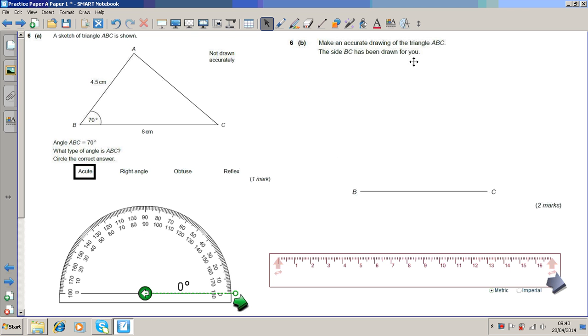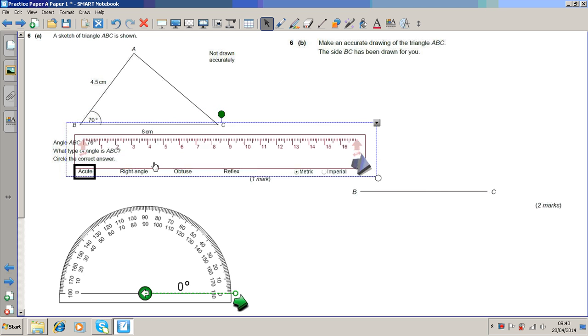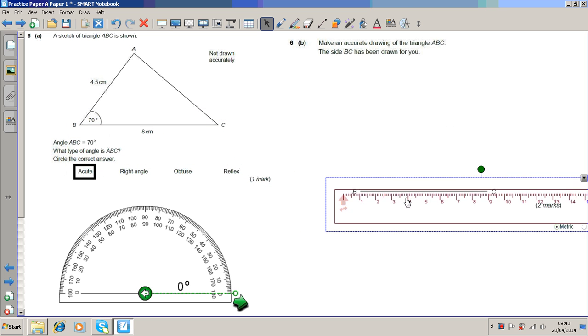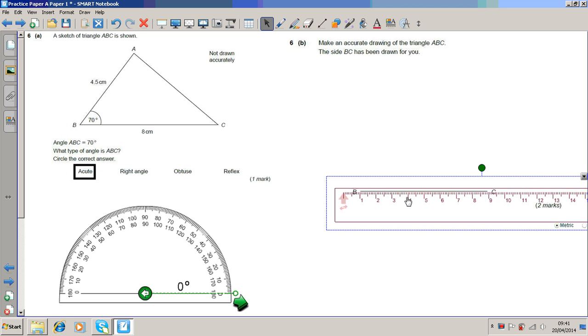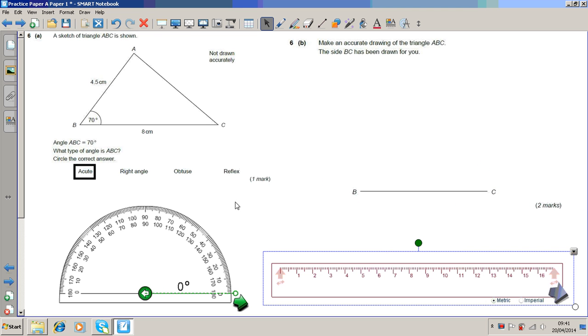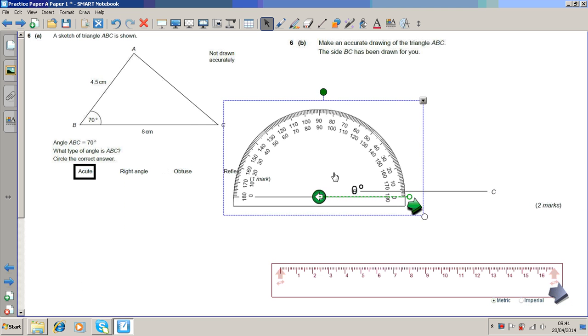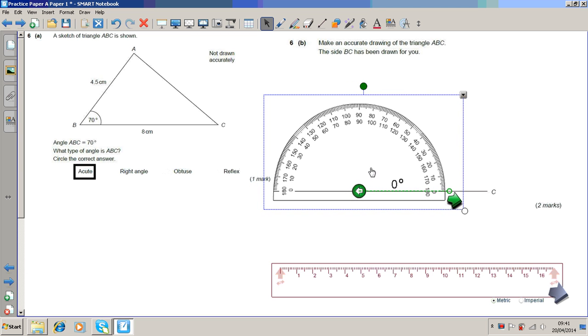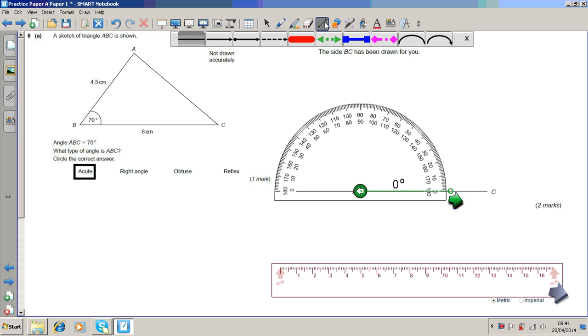Make an accurate drawing of the triangle ABC. Okay, so I've done BC for you. BC is 8 centimetres, so you can see that the line there is 8 centimetres. Mine's not perfect, I'm sure you've got to be a bit better. 70 degrees, so protractor on there, and then we're looking at 70 degrees, so 70 degrees is there.